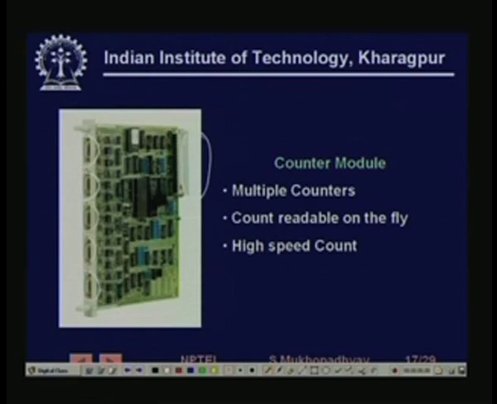It also connects to the bus so that these signals can be read. The count is readable on the fly because it contains dual ported RAM and high speed counters, so it is generally used for very high speed counts. One would have large registers and things like that.